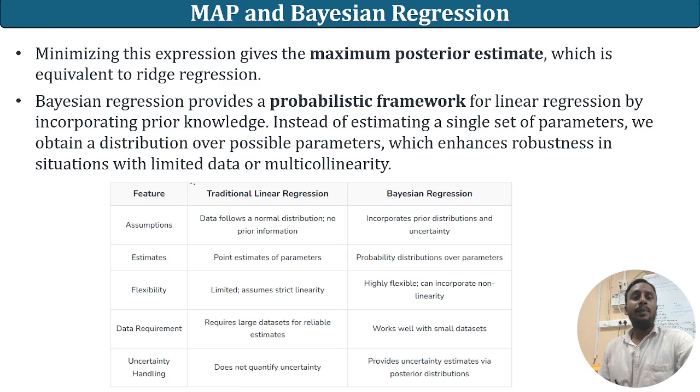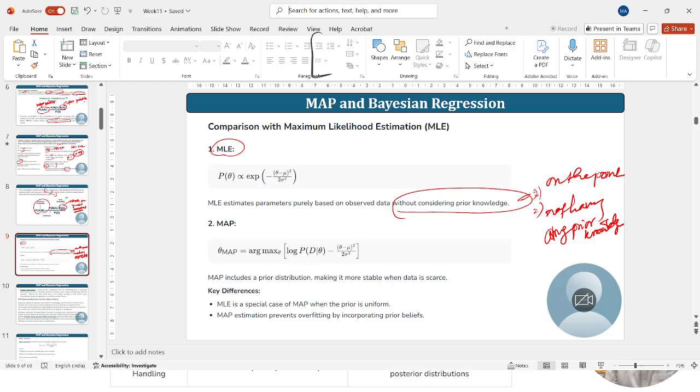So minimizing the expression, which is the error terms, gives the maximum.